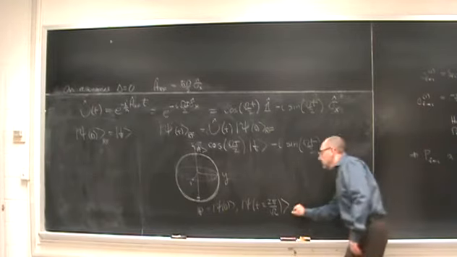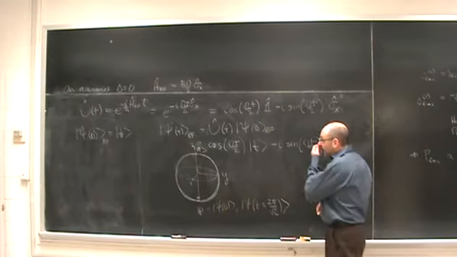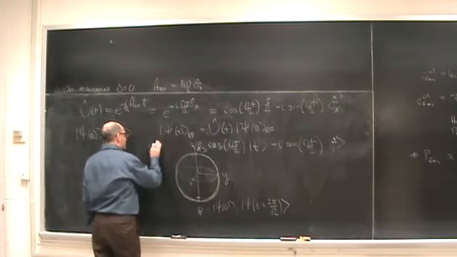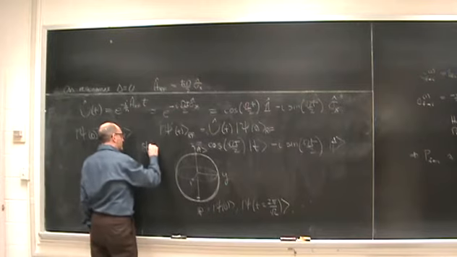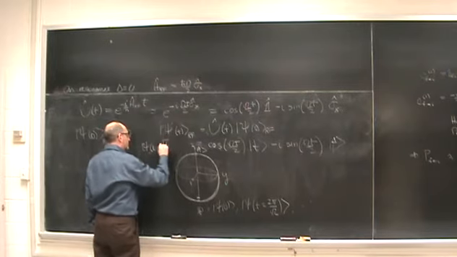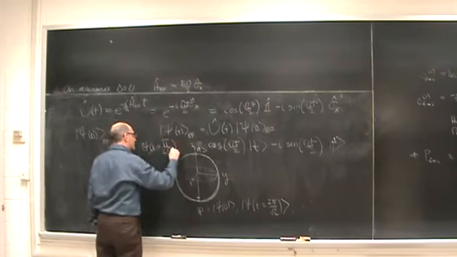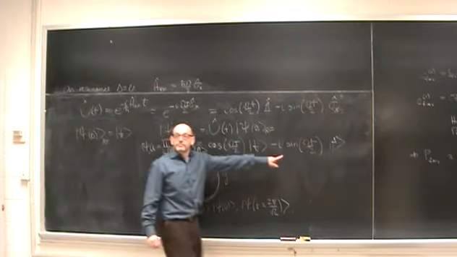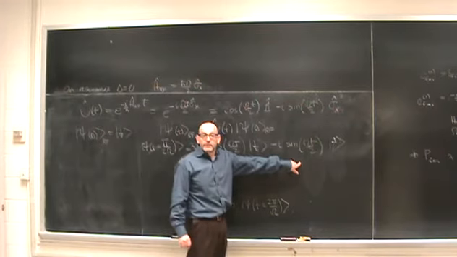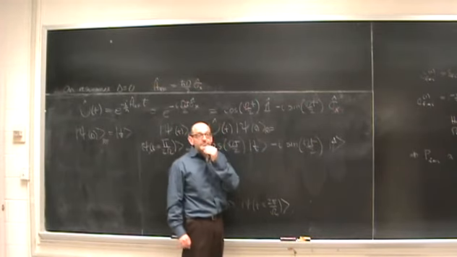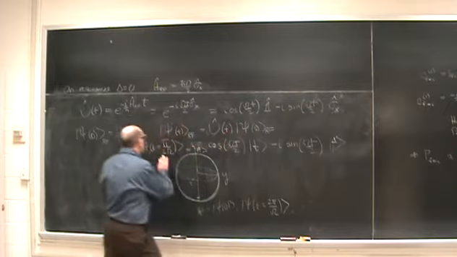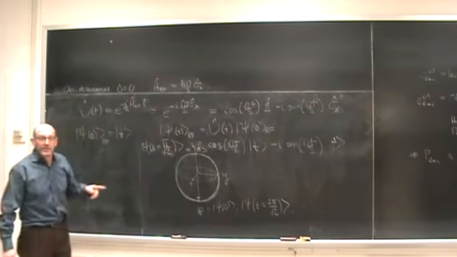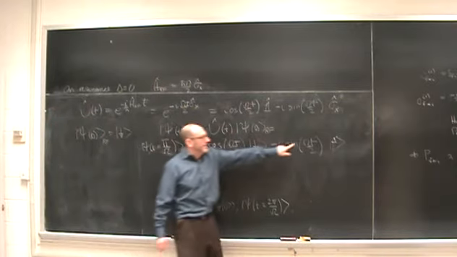Etc. When the time is pi over 2, I'm spin up. I'm sorry, not pi over 2, pi. I'm getting this backwards. I'm sorry. When this time is pi, then this is pi over 2.